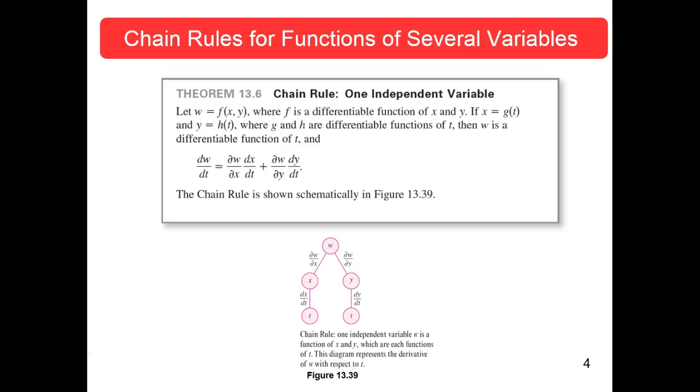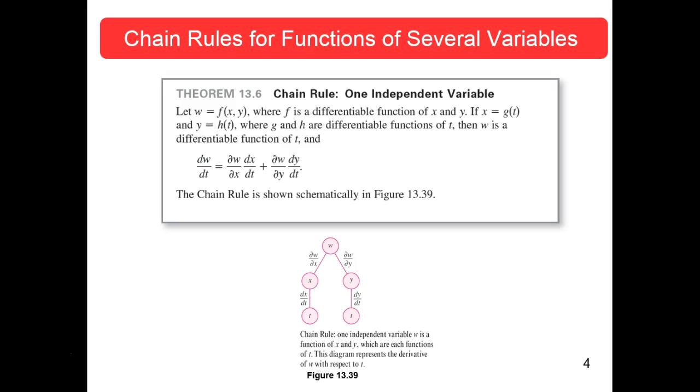Now, notice here, w is a sole dependent variable of a sole independent variable t. So therefore we say dw dt. Don't use a partial there because there's only one independent variable there. But with respect to x and y, those are partials.